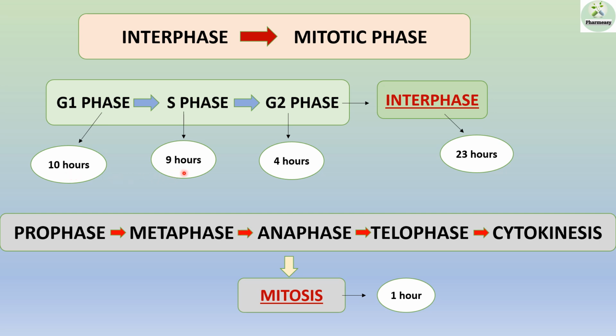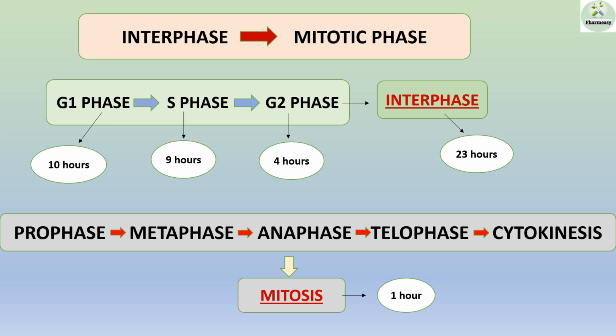S phase takes 9 hours for DNA synthesis, and G2 phase takes 4 hours, in which growth continues and cell is prepared for M phase. Mitotic phase includes prophase, metaphase, anaphase, telophase and cytokinesis that takes only 1 hour. So process of cell division is completed in 24 hours.